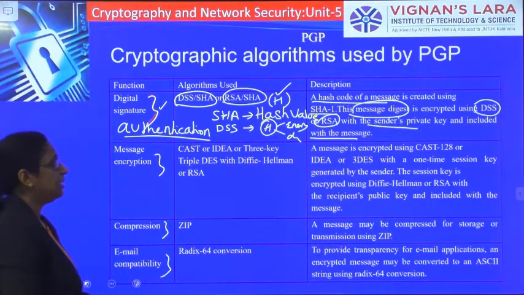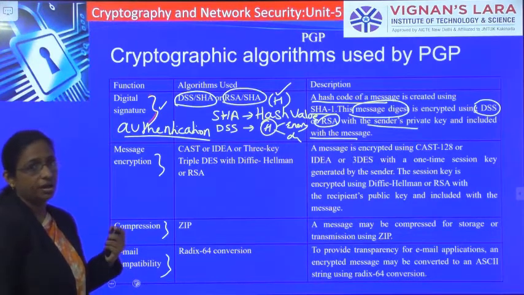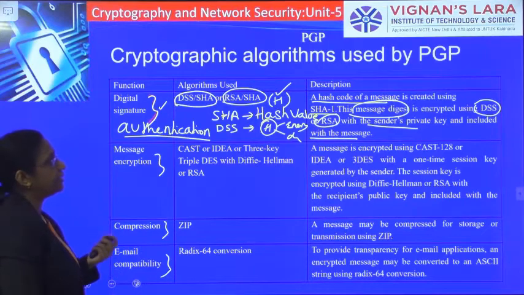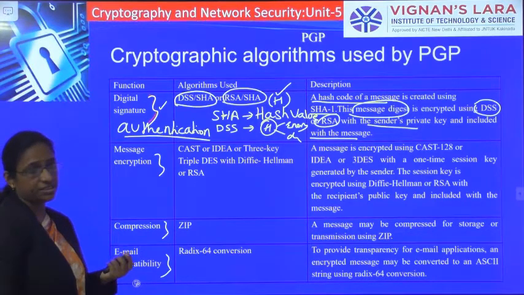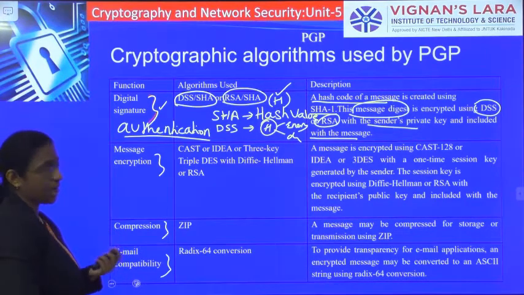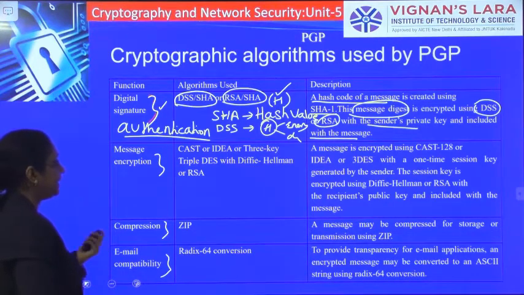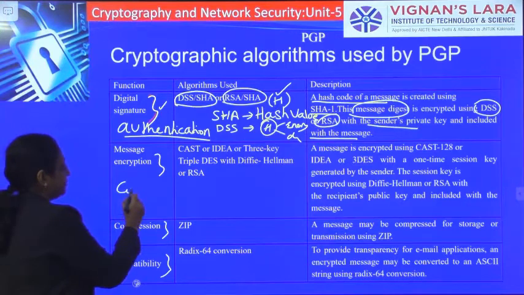So that is the first function, the digital signature for authentication purpose, where you use the digital signature standard with SHA or RSA with SHA.